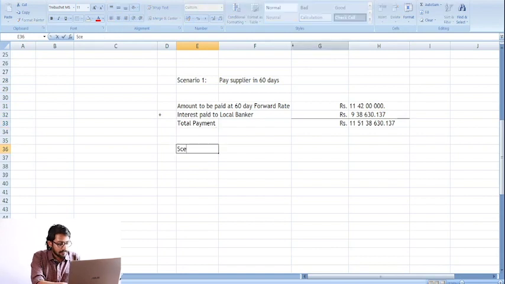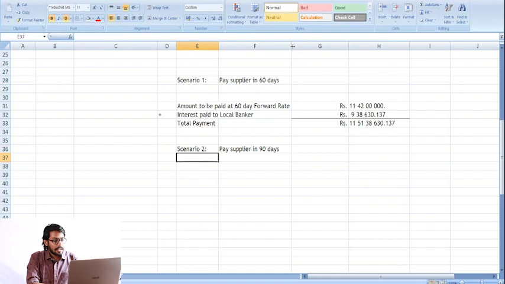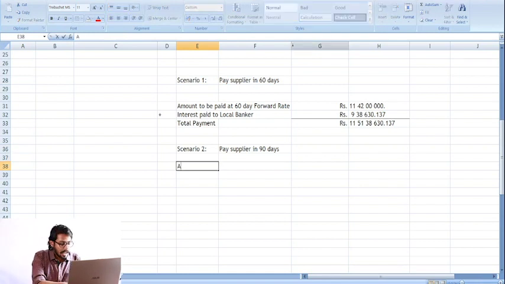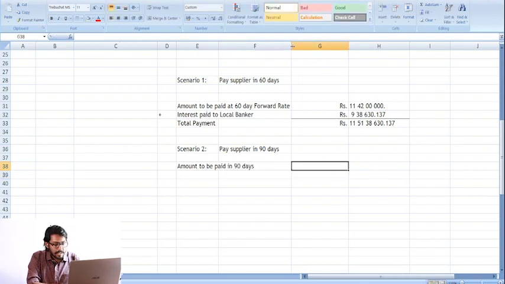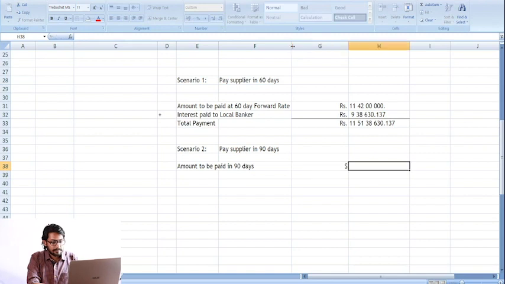Scenario 2. Pay supplier in 90 days. Now, if you are paying the supplier in 90 days, the amount to be paid in 90 days will be in dollars.